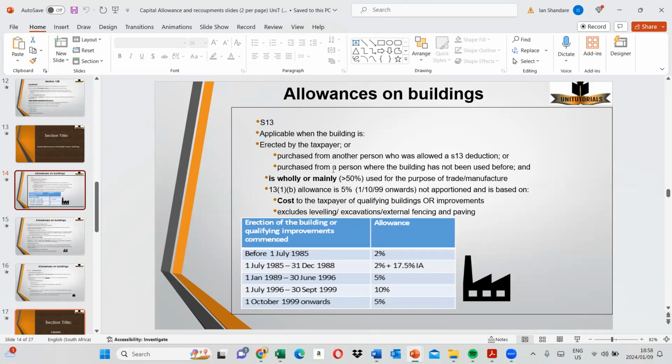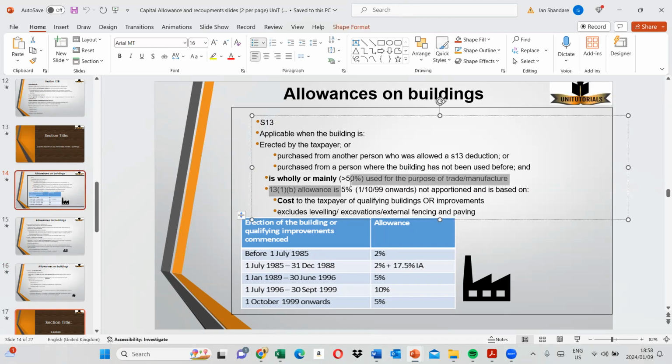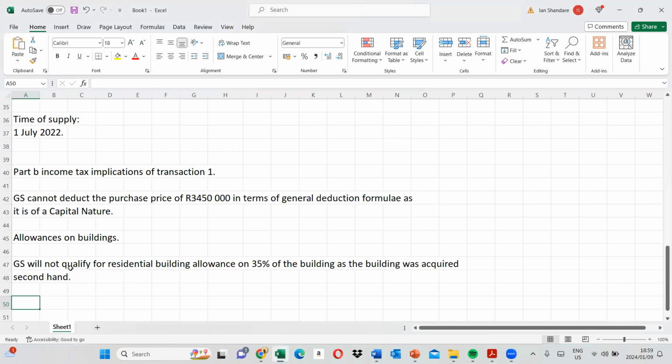If the building is used wholly or mainly, that is more than 50%, for purposes of trade, your allowance now will be 5%. I want you guys to see that with respect to the building, 65% of the building is used as a warehouse.